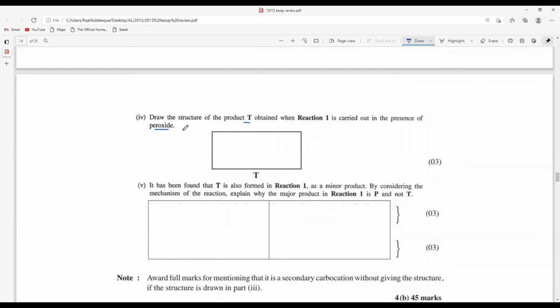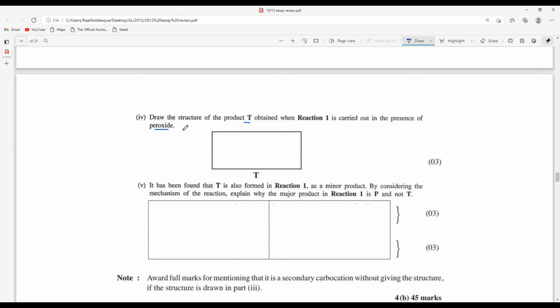So this should be your product T. It has been found that T is also formed in reaction 1 as a minor product. By considering the mechanism of the reaction, explain why the major product in reaction 1 is P and not T.